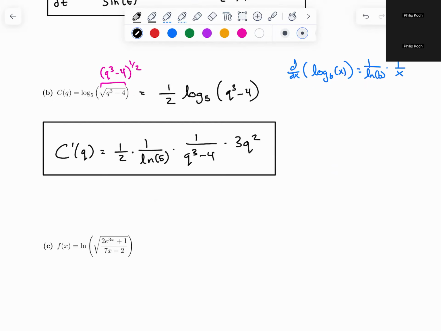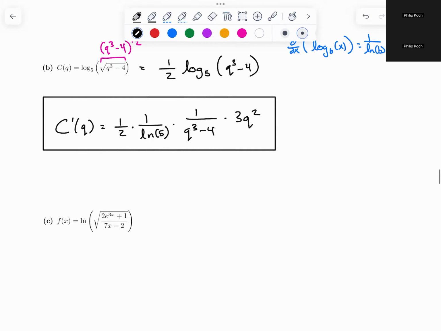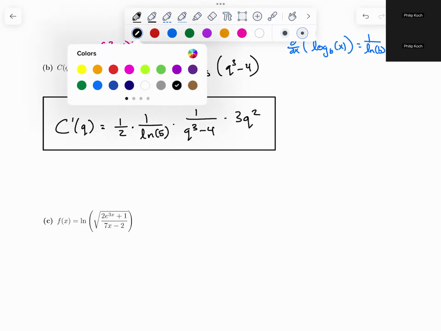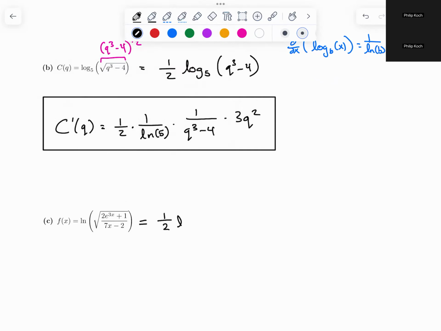All right. The last one, I'm going to basically take care of it really quickly. That's to the 1/2 power. So this could be rewritten as 1/2 natural log of 2e to the 3x plus 1 minus 1/2 natural log of 7x minus 2.